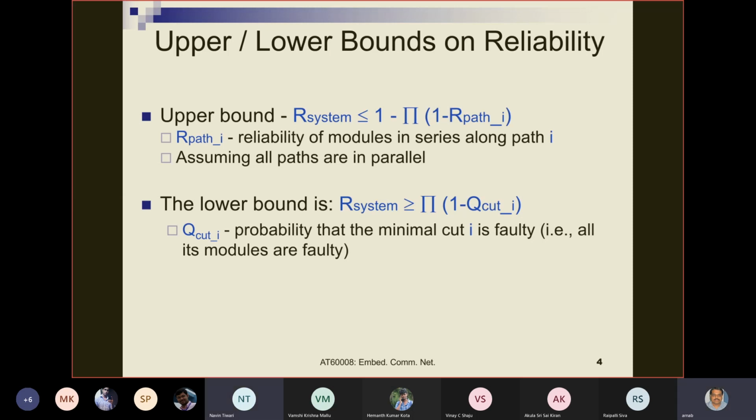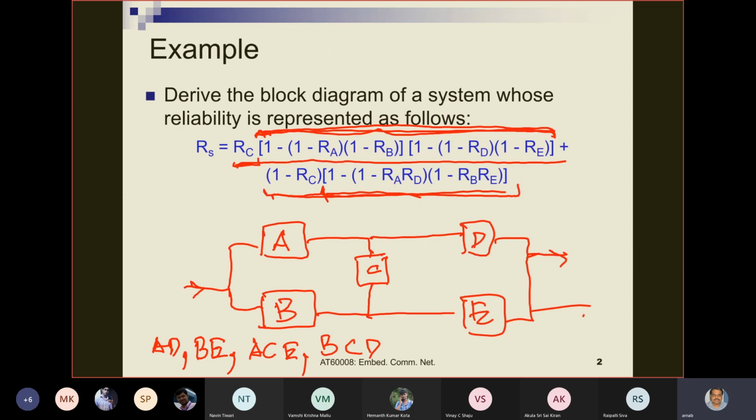Correct? Yes, sir. Right. So then what is the probability that a cut will be faulty? Let us take one cut in here, just tell me one cut. AB is also a cut, correct. If both A and B do not work correctly, then the system cannot work.